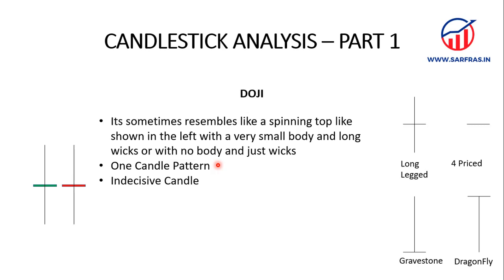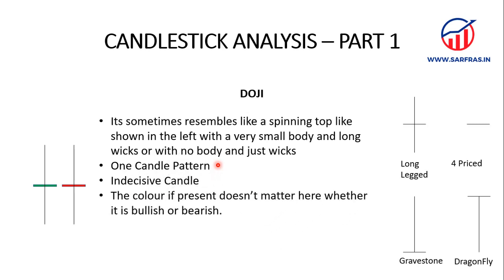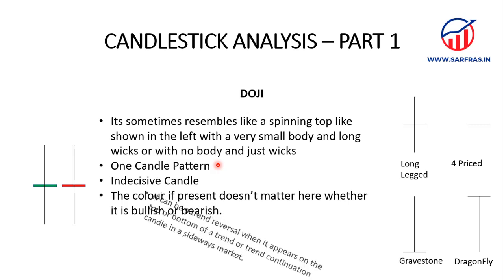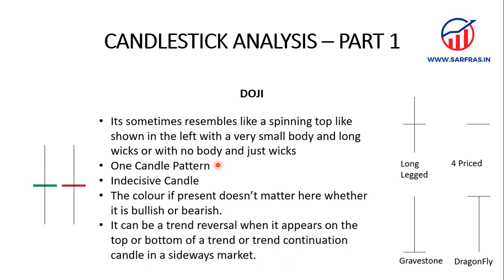Again, whenever a doji is there, you can be sure that there is a weakness in the trend. The color here doesn't matter whether it's bullish or bearish. It can be a trend reversal when it appears on the bottom or the top of the trend, or in case of a sideways market, it is just like a continuation.